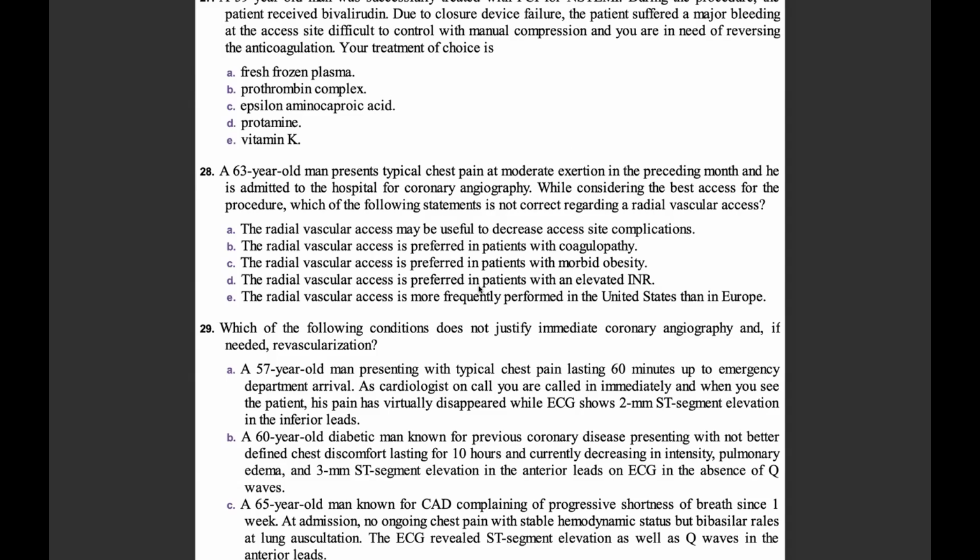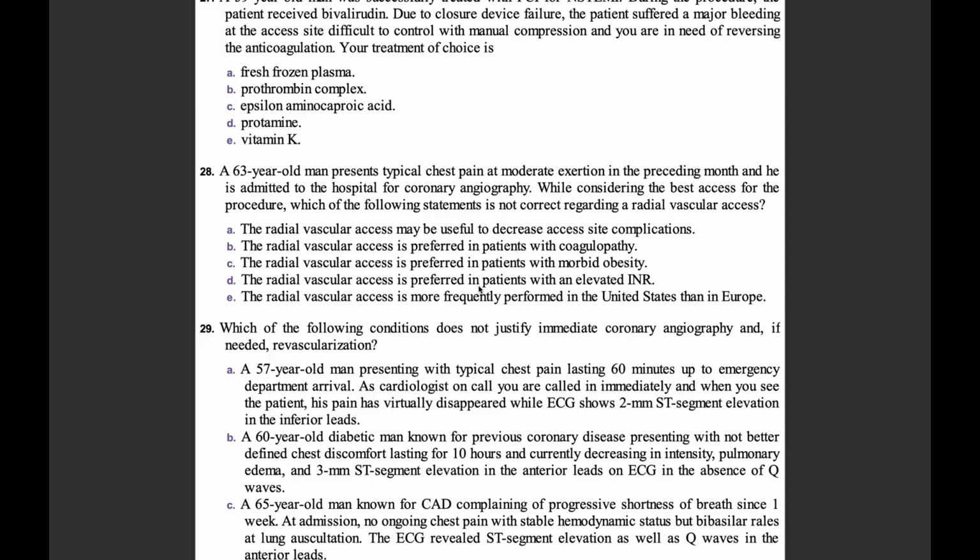Complications like hematoma, even risk of infection at that site, are lesser. Also, because of the location of that site, we can easily secure hemostasis by compression.